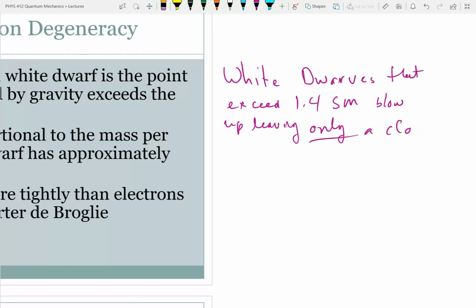That word is cloud. So the white dwarfs, if they gain mass and get past that Chandrasekhar limit, then they will leave just a cloud and nothing else.